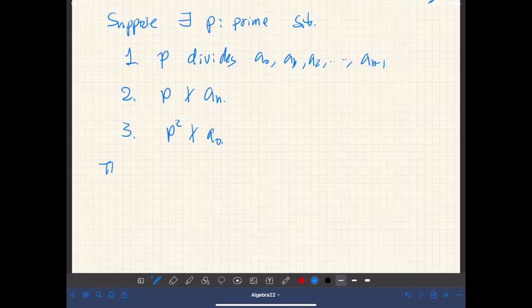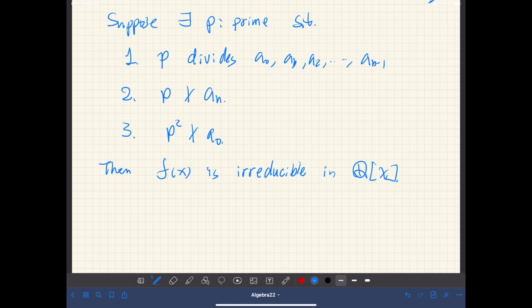Then f of x is irreducible as a polynomial in Q[x]. So as a polynomial with rational coefficients.